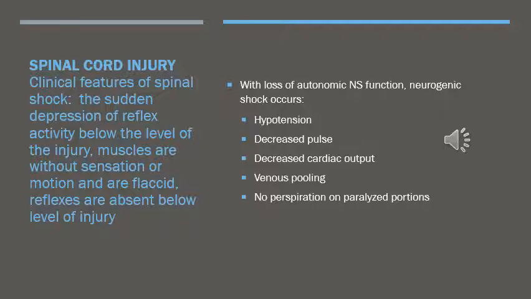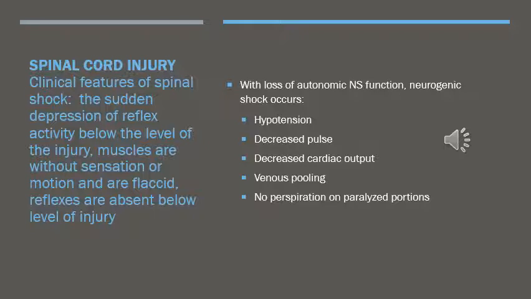Spinal shock can occur when there's no reflex activity below the level of injury. The muscles are without sensation or movement and are flaccid. Neurogenic shock usually occurs when the injury is at T6 or higher, and there's a loss of autonomic nervous system function.